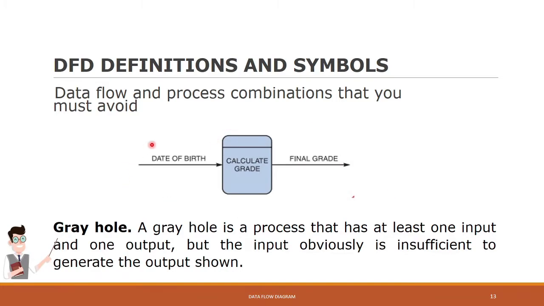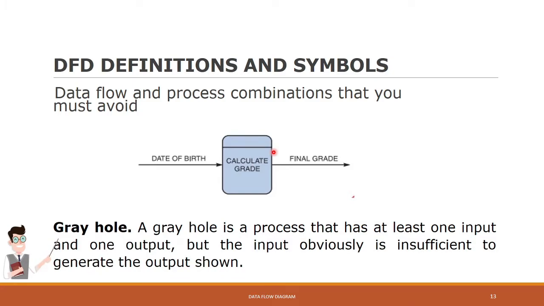Obviously this data flow diagram is not possible because the input is date of birth and the process is how to calculate grade, then the output data flow is final grade. This example is called a gray hole.